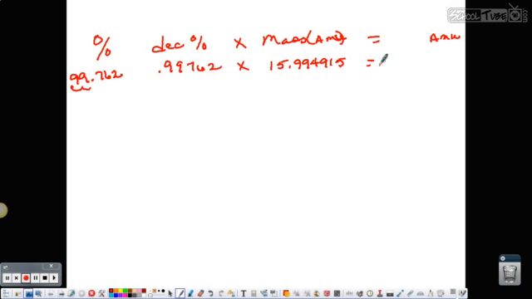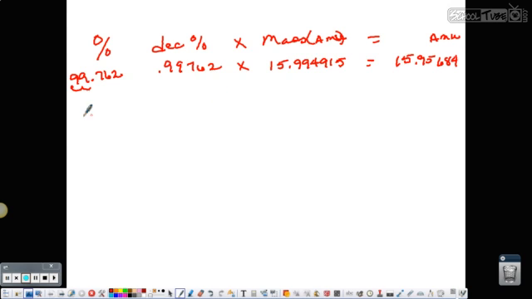I'm not going to carry it all the way out, so I may end up with a slightly different answer than what's in the book, but it will be close enough. When I multiply those two numbers, I get 15.95684.